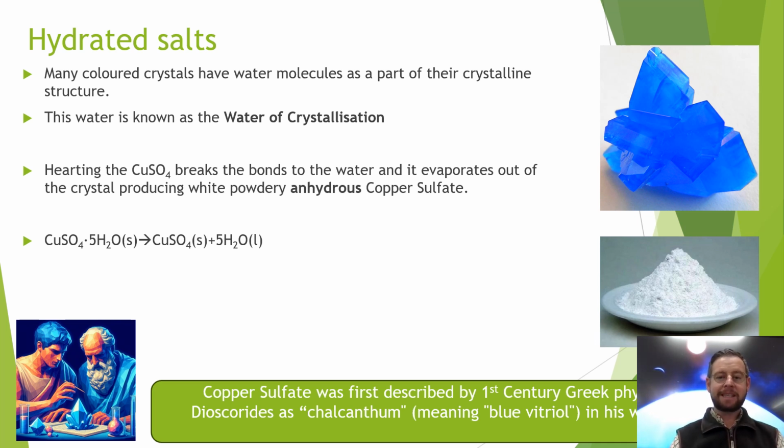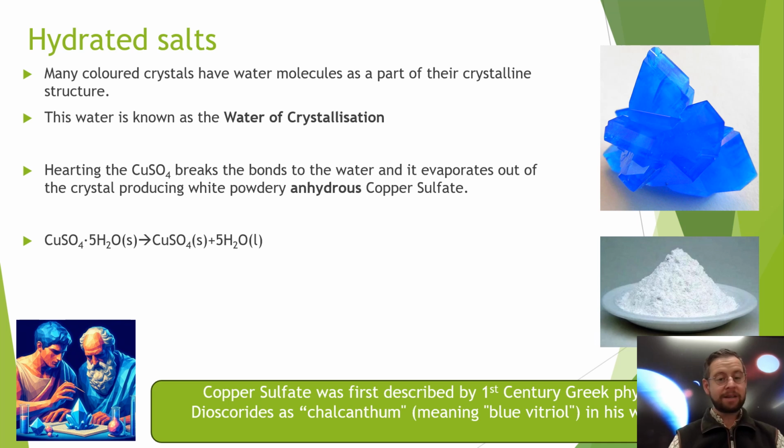This would make it a hydrated crystal, and that hidden water would be the waters of crystallization. Normally, with those crystals, if we continue to heat them, the crystals break apart and it turns into a powdery anhydrous powder. So how do we, when it's in crystalline form, represent that as a formula?